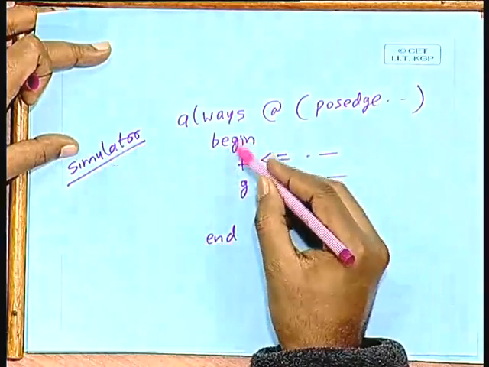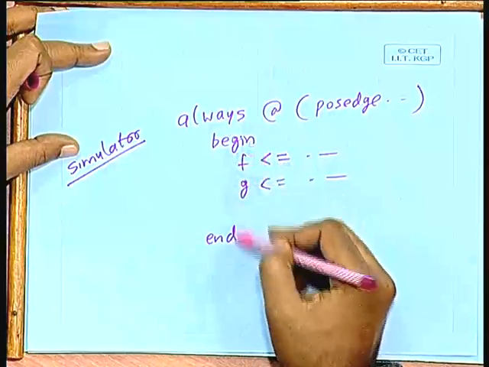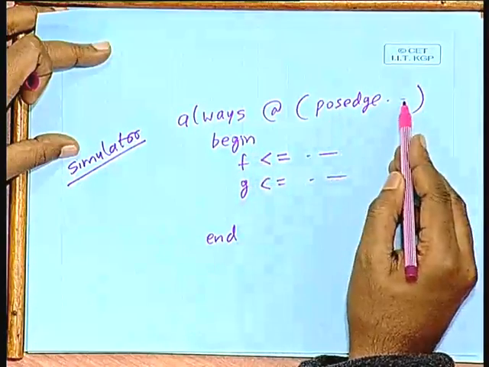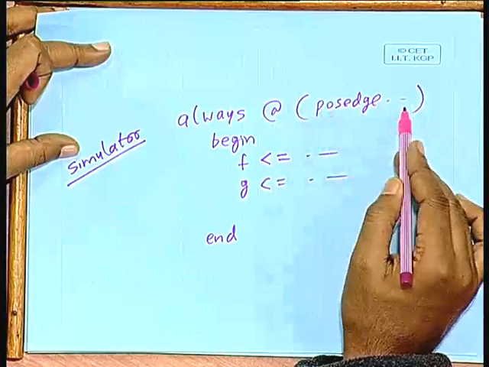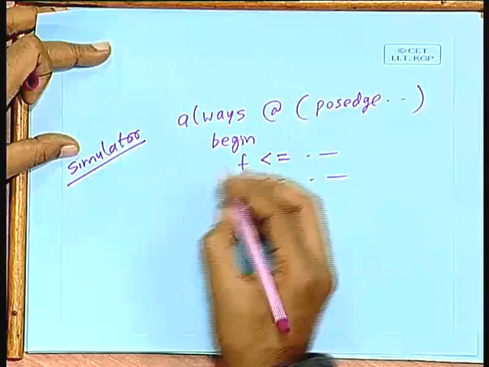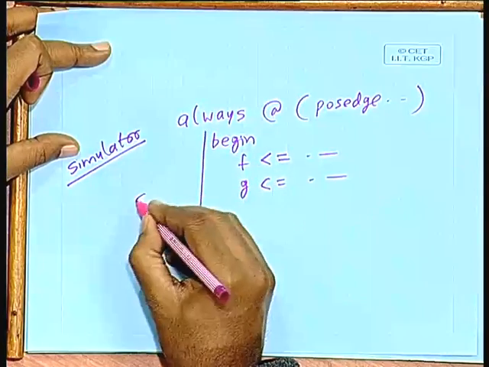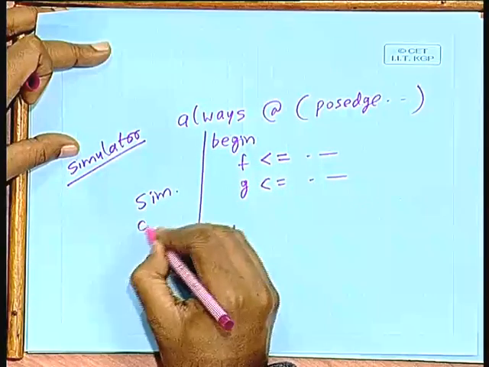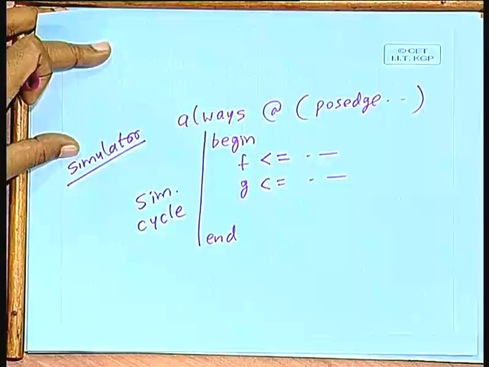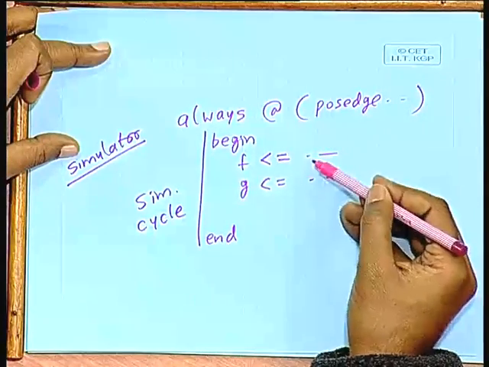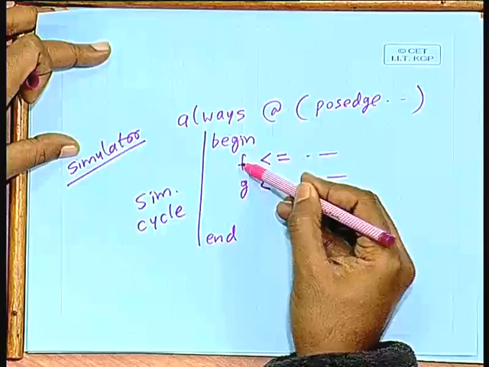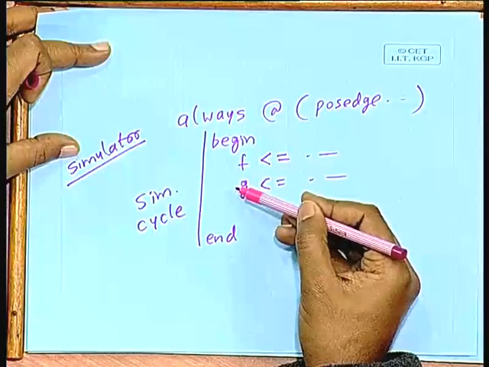The simulator will schedule this block for execution whenever there is a posedge on the specified variable. So, whenever there is a posedge on the variable, we start a so called simulation cycle, sim cycle. In one simulation cycle we are supposed to evaluate the value of f, assign it, value of g, assign it.